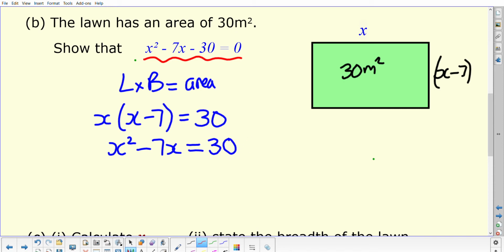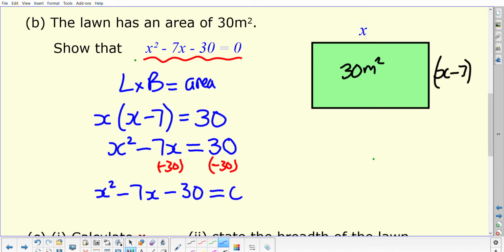We need to make it have 0, and the way to do that is we take away 30 from each side. That allows us to write this as x squared minus 7x minus 30 equals 0, and that's what we were trying to do. And we can write as required because that was a show that question.